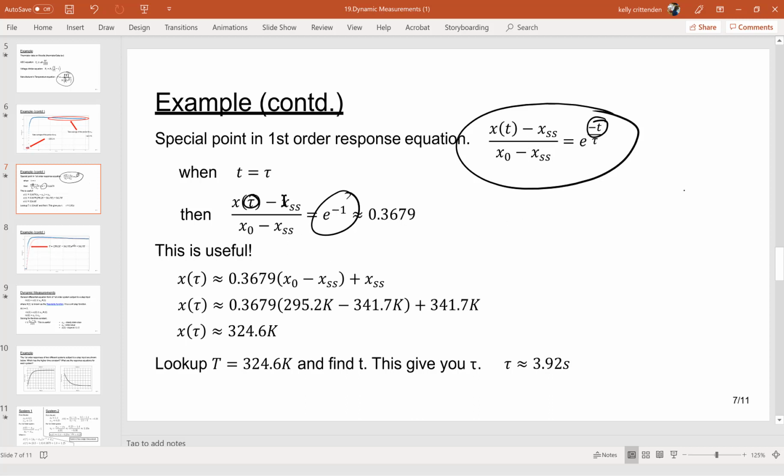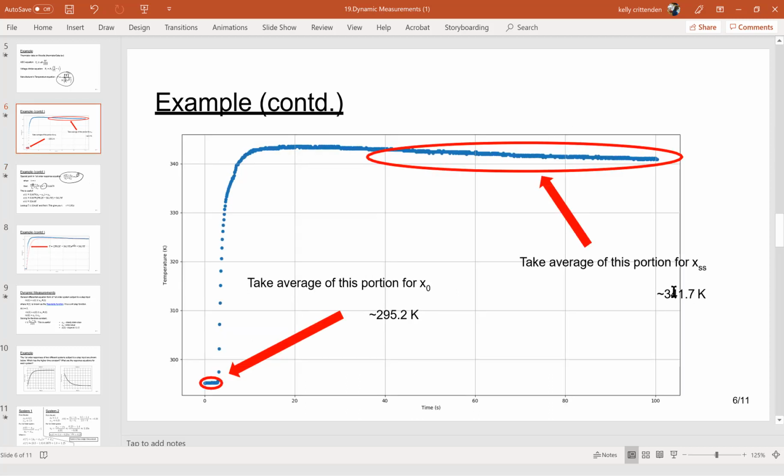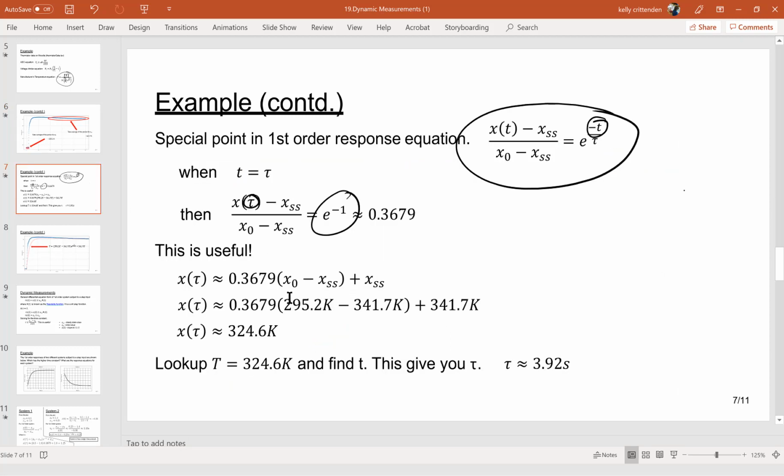And the steady state value, I read that off the chart. Remember, we decided that our steady state value was 341.7 Kelvin, and our initial value was 295.2 Kelvin. So there are those numbers, 341.7 and 295.2 Kelvin. And then this steady state is just 341.7 Kelvin.